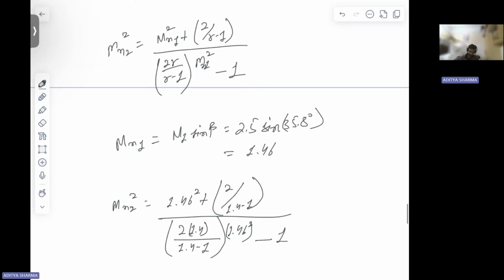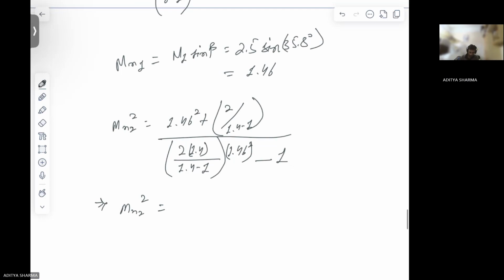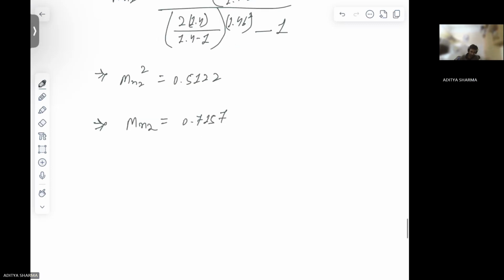Now if you calculate this, Mn2 square is going to be 0.5122, which implies Mn2 is going to be 0.7157.